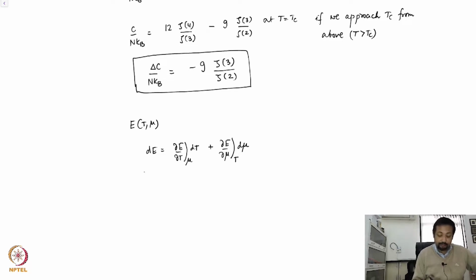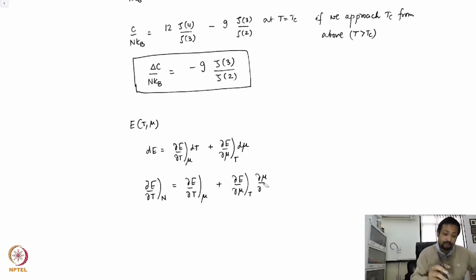Consequently, I have del E del T, this is the specific heat that I'm interested in, at n held constant, is going to be del E del T, mu held constant, plus del E del mu, T held constant, times del mu del T, n held constant.